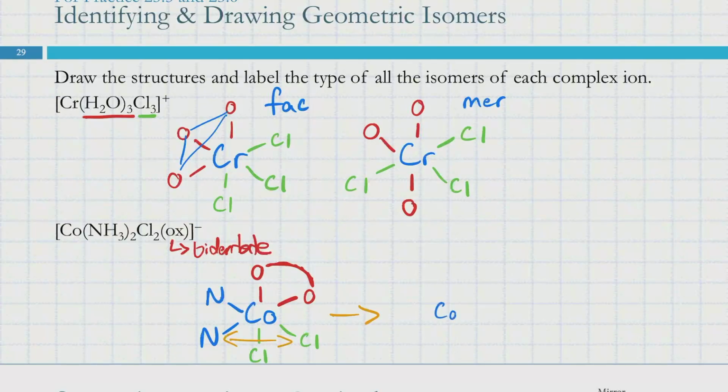So cobalt in the middle, we're leaving our oxalate connected to the top and the back right positions. We've got a nitrogen coming back into the left, one coming out into the right. And we've got our chloro groups, one down, one coming out into the left.